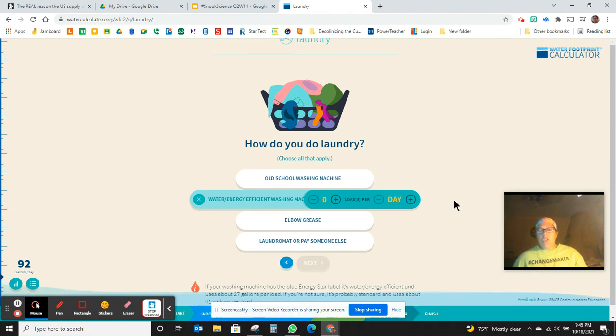If you do your washing at a laundromat or at an apartment complex or you have an old washing machine, you're going to just click this one. If you've noticed it has the little blue E on it, go ahead and click the water efficient one. If you wash your clothes by hand on a scrub board, you're going to say elbow grease.